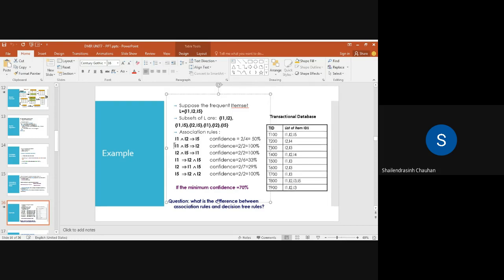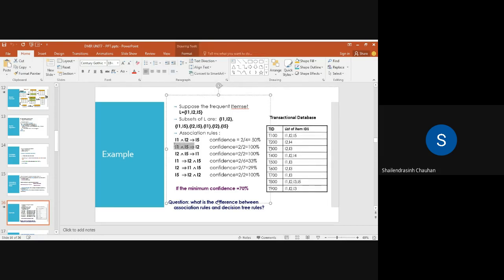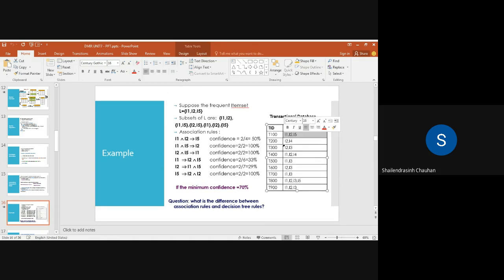Now just observe this rule. In how many transactions are you having I1, I5 both together? T100 and T800. Out of these two, in how many transactions along with I1, I5 are you also having I2? Along with I1, I5, I2: 2, T100 and T800.